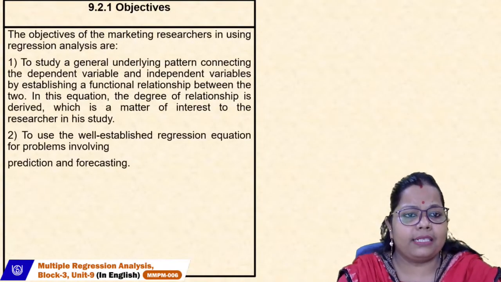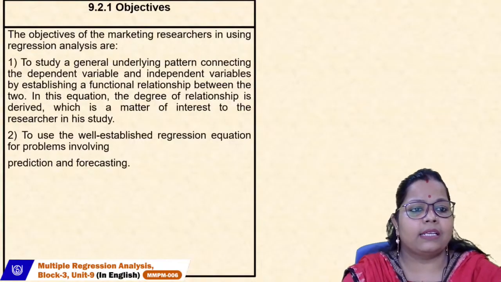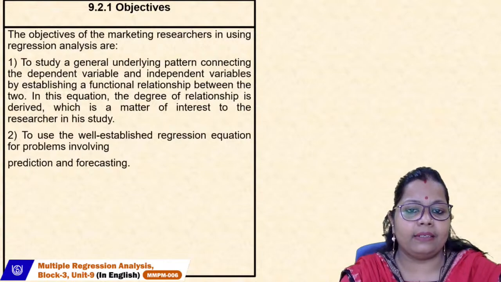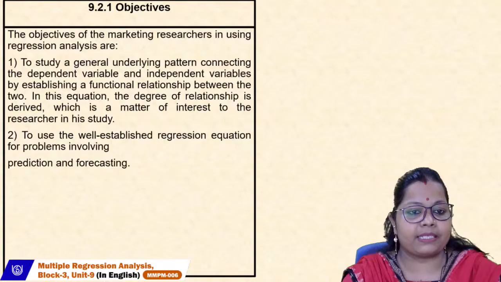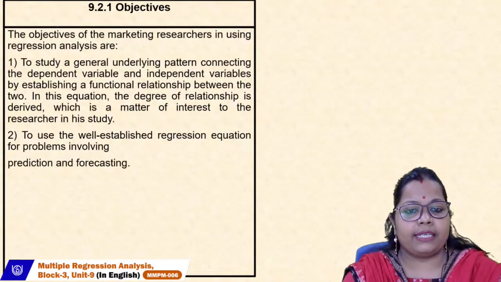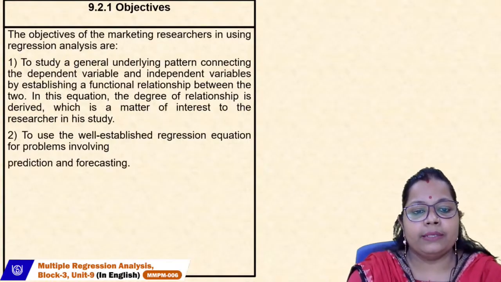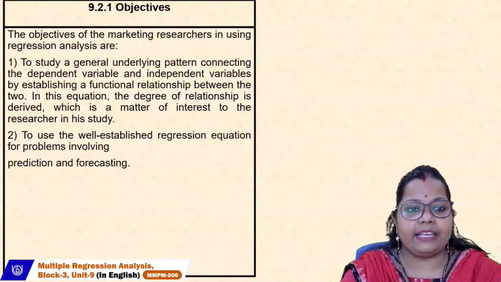Now coming to the objectives of multiple regression analysis, the first objective is to study the general underlying pattern connecting the dependent variable and the independent variables by establishing a functional relationship between them. In this equation, the degree of relationship is derived. In regression particularly, we measure the degree of relationship.